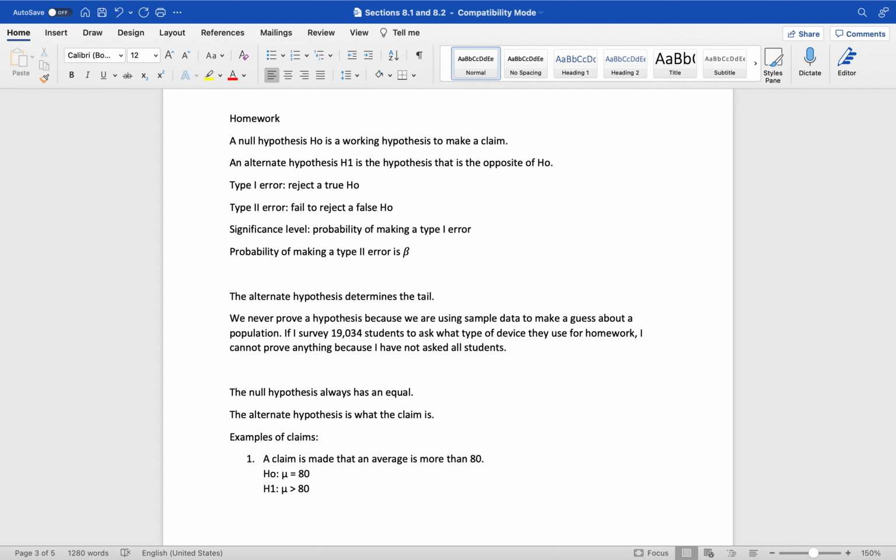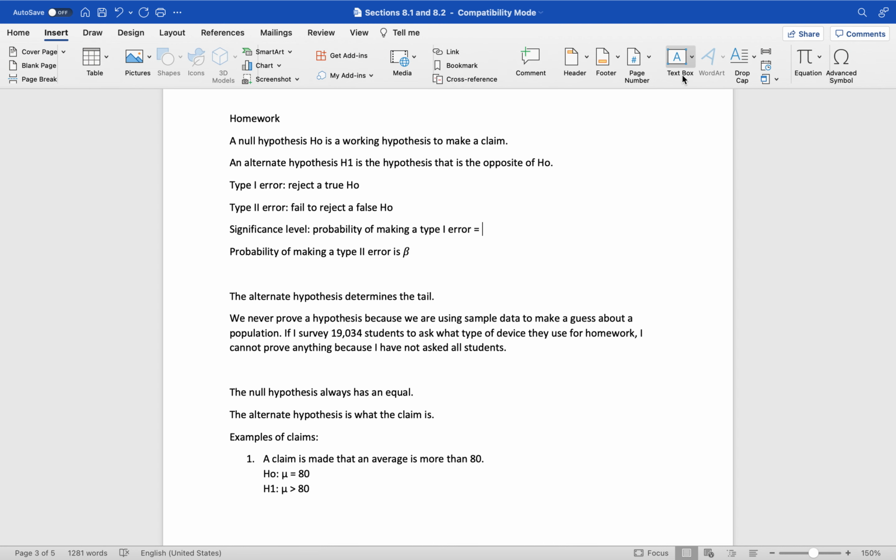Type 2 error: fail to reject a false H0. The significance level is the probability of making a type 1 error, and the probability of making a type 2 error is beta. The significance level, the probability of making a type 1 error, we also call alpha.